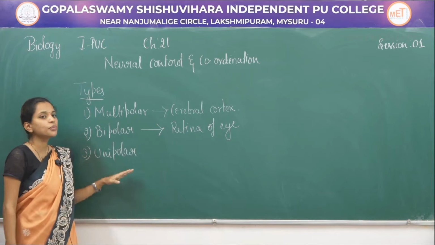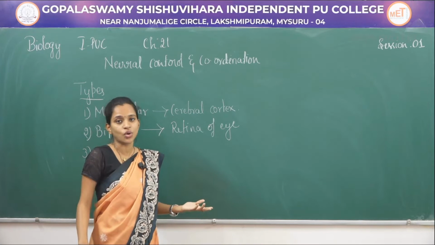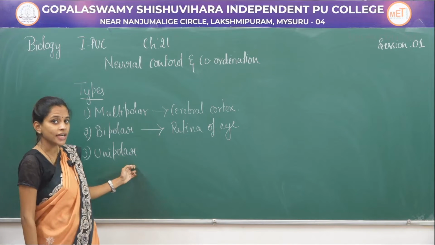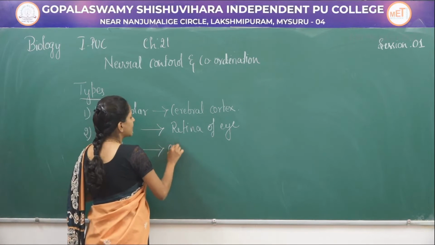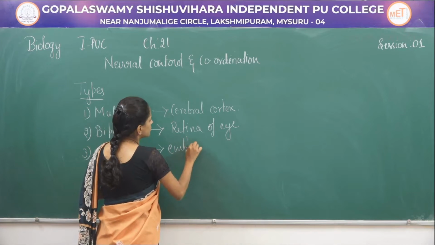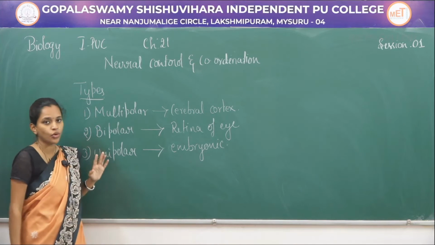Next is the unipolar neuron, which is devoid of dendrites and has only one axon. This can be identified in the embryonic stage.